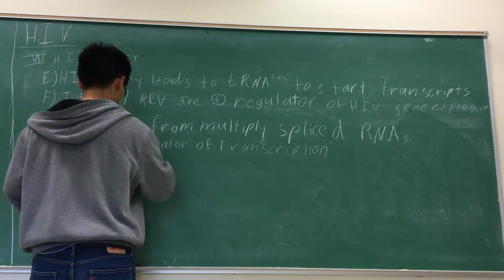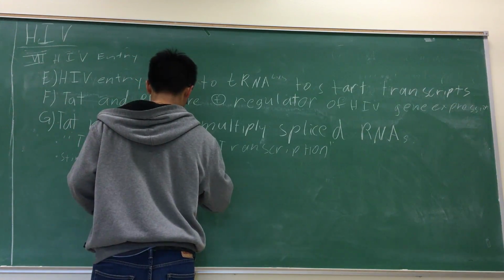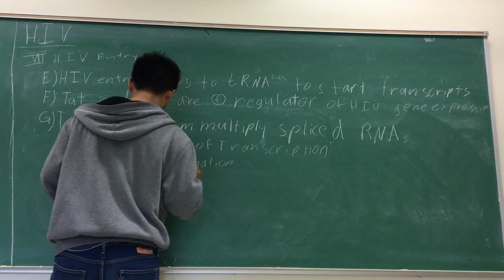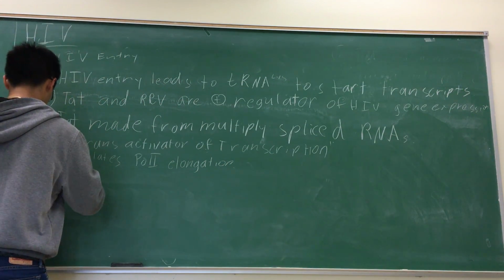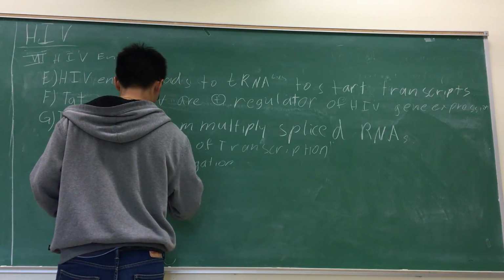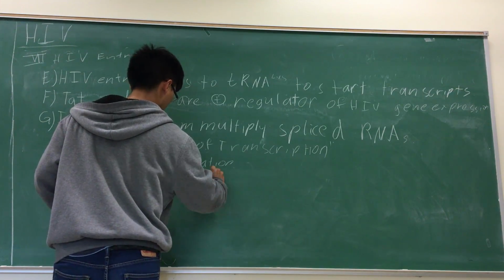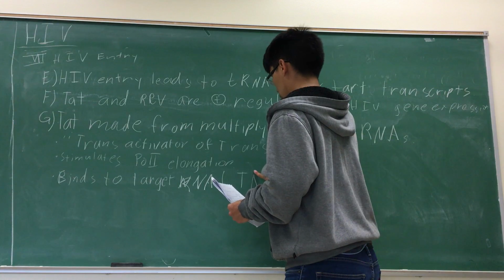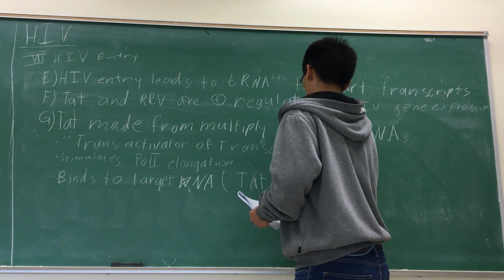TAT stimulates Pol II, RNA polymerase II elongation. It binds to target RNA. And this is TAT. TAT binds TAR.